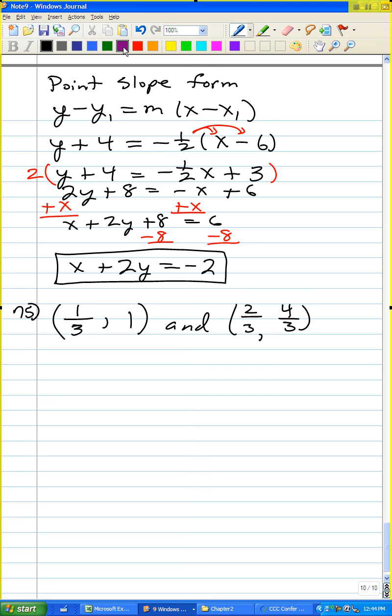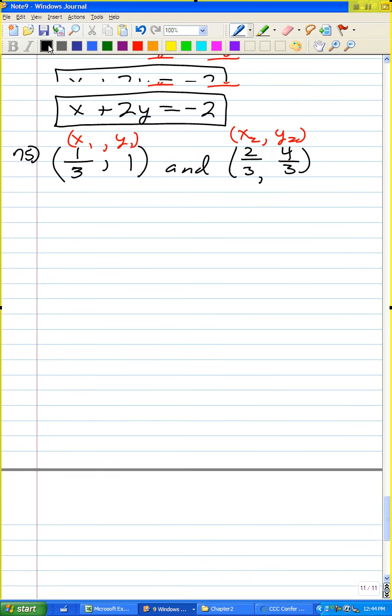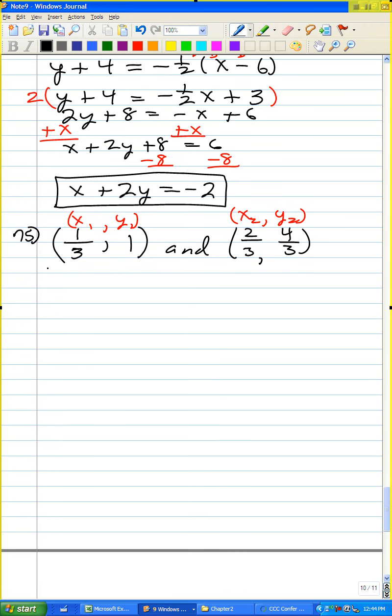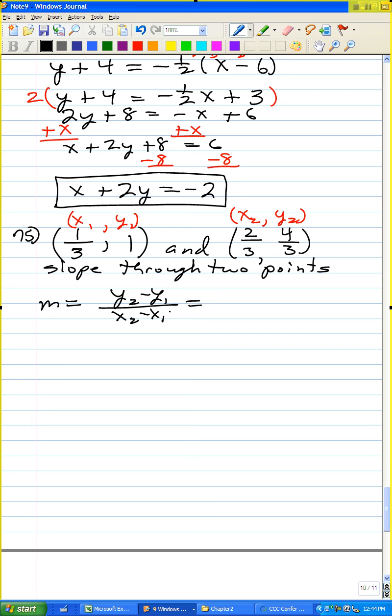So let's call this x1, y1. Let's call this x2, y2. So let's find the slope through 2 points. So m equals y2 minus y1 over x2 minus x1.